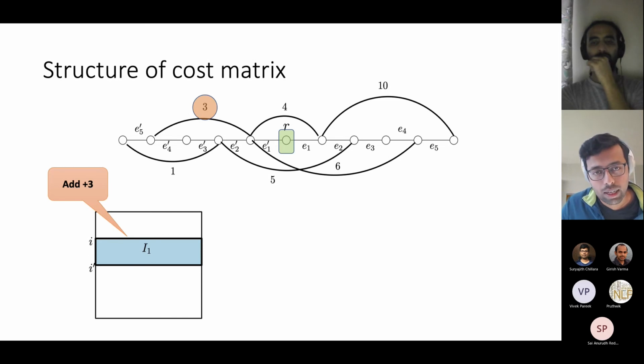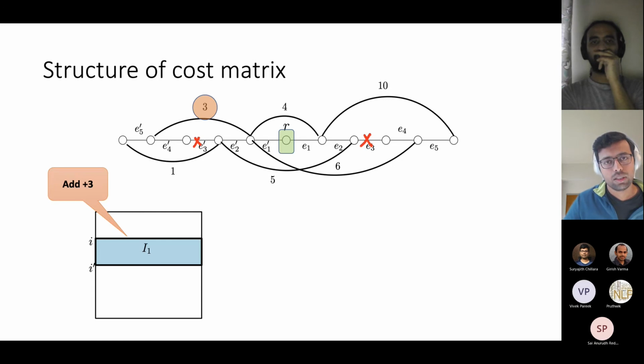Because if I ask you what the two respecting cuts are which cut this edge 3, it's very easy to see that any two respecting cut that cuts something between E2, E3, and E4 is going to count that edge 3.